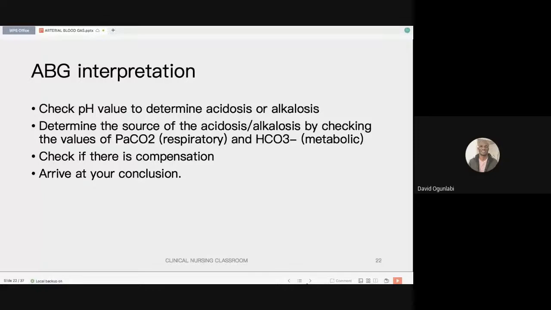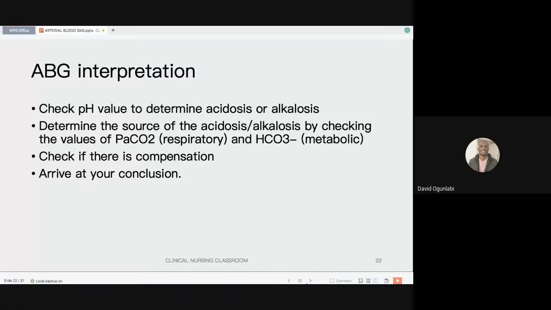Now, if there is acidosis, please, I need you to pay attention to this. If you have checked your pH, and your pH is less than 7.35, that is acidosis. Now, if you want to trace it, you check the PaCO2 and you check the bicarbonate.